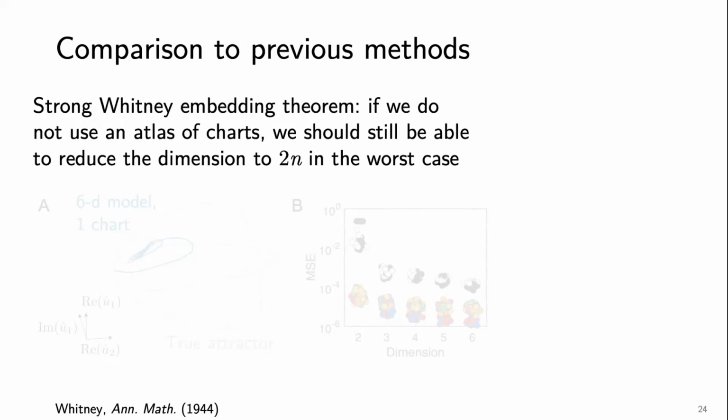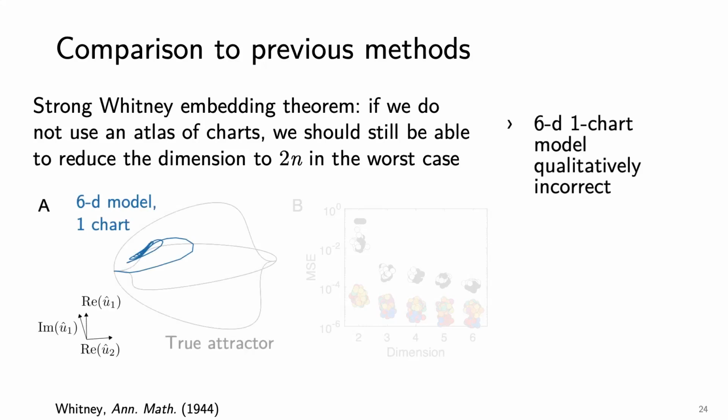What this theorem tells us is that if we don't use an atlas of charts, so if we don't break things up into patches, we should still be able to reduce the dimension of our system to 2n in the worst case. And so for this system with intermittent dynamics, where we were able to learn a 3-dimensional model when we were using patches, if we don't break things up into patches, then we should still be able to learn a 6-dimensional model with the same level of accuracy.